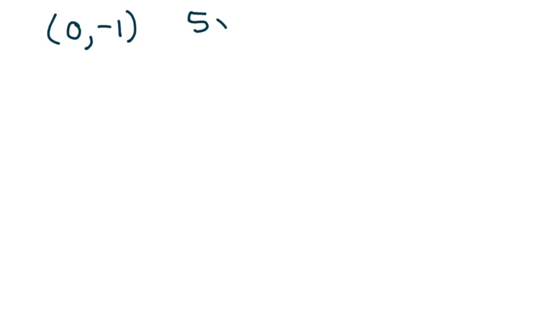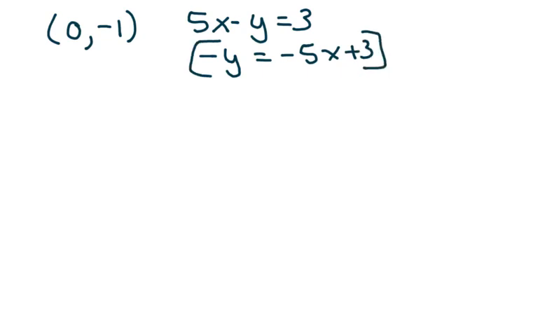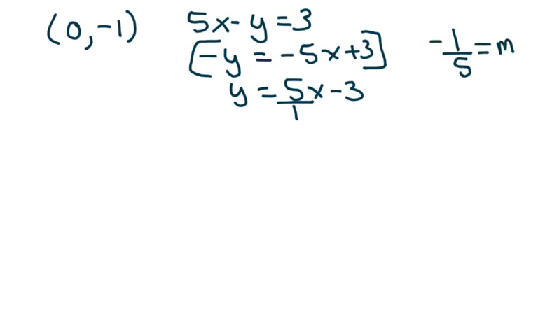And we have 5x minus y equals 3. I'm just going to go ahead and rewrite this as negative y equals negative 5x plus 3. I'm going to negate it. So you get y equals 5x minus 3. Now, since we're talking about perpendicular lines, I'm going to go ahead and write this 5 in fraction form. I'm going to flip it and switch the sign. And this is the negative reciprocal, and that's going to be our slope.